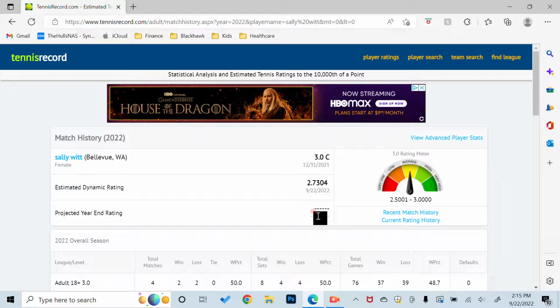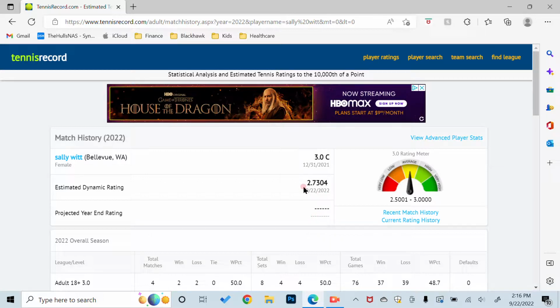I want to make that very clear because my first full year as a 3.0, and my first year got cut short because of COVID, so my first actual full year as a 3.0, tennis record had a little green arrow moving up, and it said this player is projected to move up to the next level, or something like that. I can't remember exactly what it said, but there was a little green arrow that said I should be moving up to a 3.5 that year.